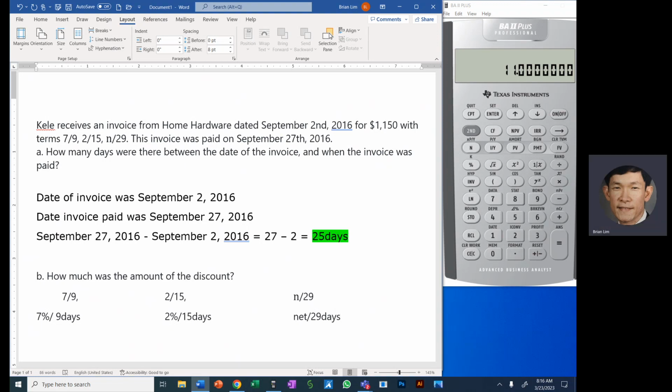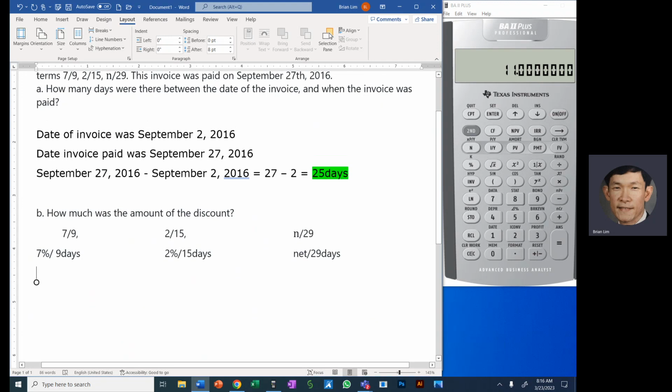So really we have 3 sections, as you can see. First, there are 9 days, from the date of the invoice, that is. And then here would go from 10 to 15 days, correct?